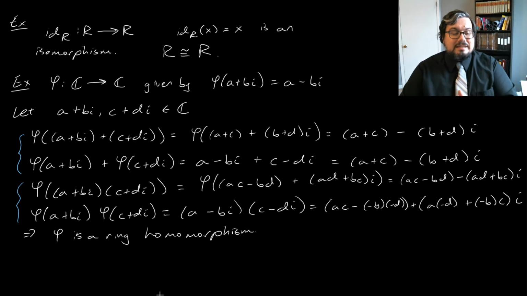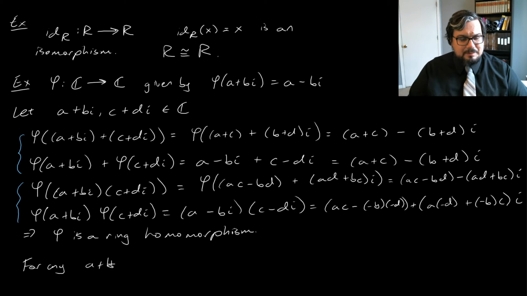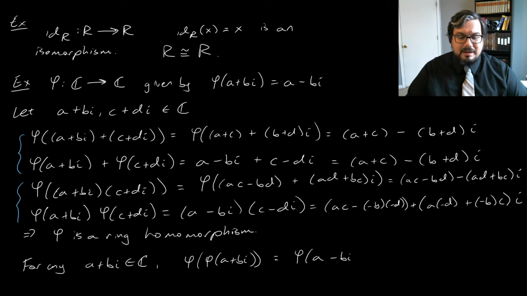Furthermore, it's pretty easy to see that phi is bijective. The easiest way to see that is just to show that it has an inverse. In this case, it is, in fact, its own inverse. Now note that for any a plus bi that lies in the complex numbers, if I compose phi with itself, phi of a plus bi gives me phi of a minus bi, and phi of a minus bi is a plus bi.